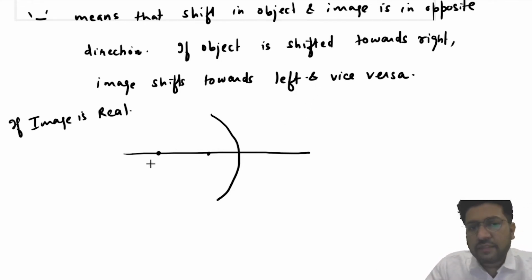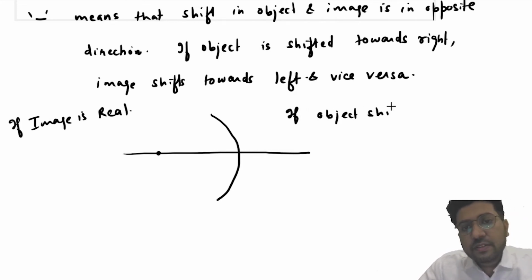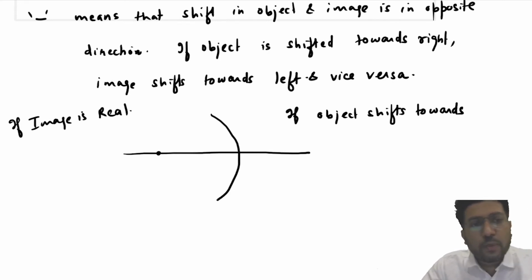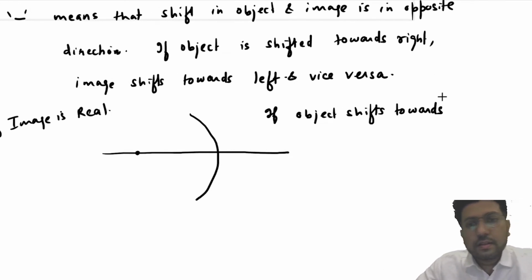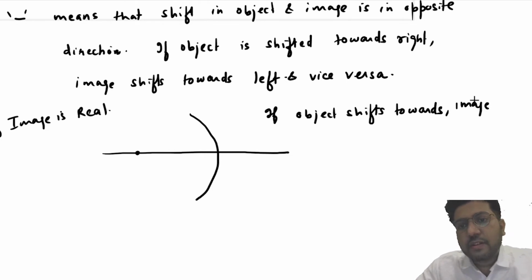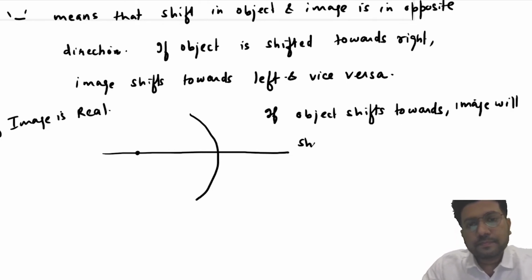Okay, so image is in front side. If this is object, this is image, for example. Image will be in front side only, for real objects I am discussing. So if object shifts towards pole, image will shift away from pole.